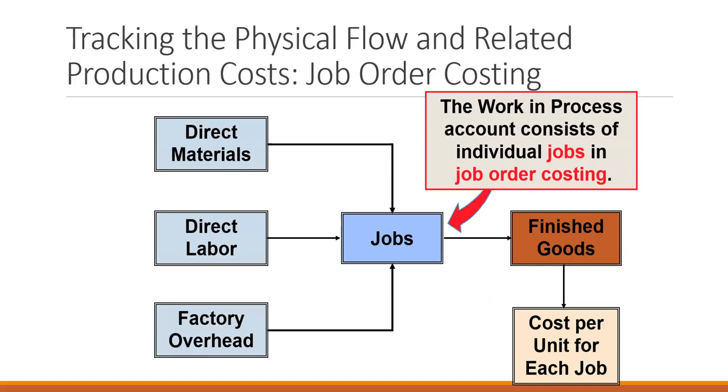So when we're looking at the physical flow of production costs, in job order costing, we have direct materials, direct labor, and factory overhead recorded to jobs. Those jobs sit in work in process while they are in production. Once a job is finished, it gets transferred to our finished goods inventory and is available for sale.